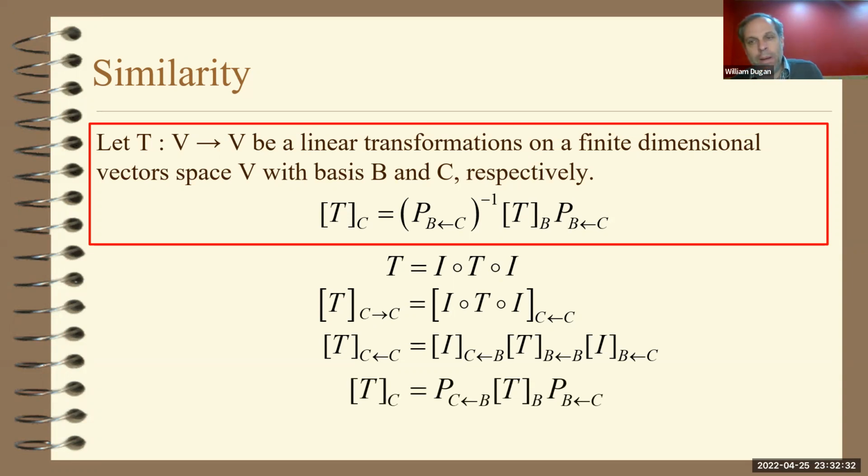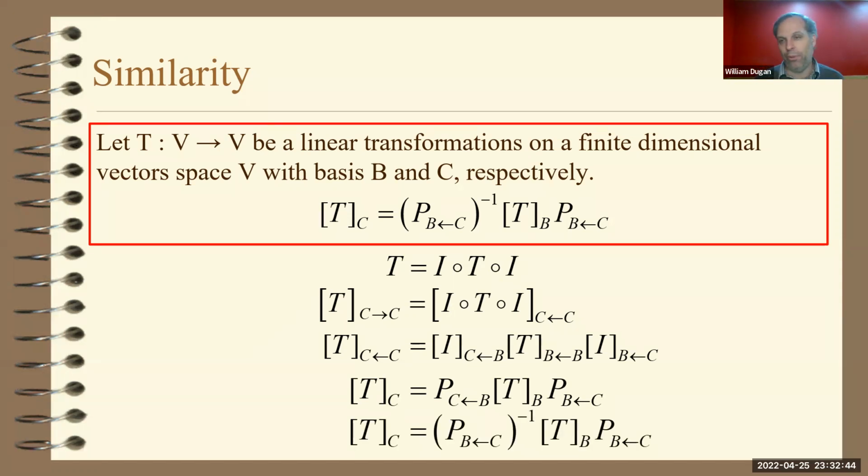And finally, you remember that the inverse of the change of basis matrix from B to C is just the change of basis matrix from C to B. Because of that, I get that. And that's the result I needed. That's a way of relating these two matrices of the transformation.